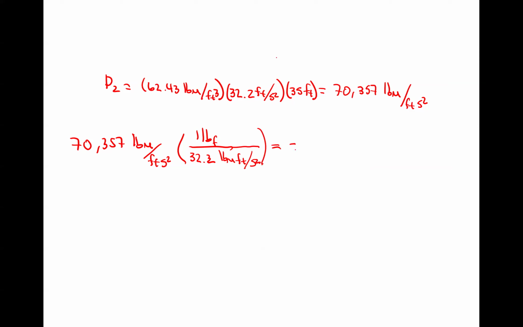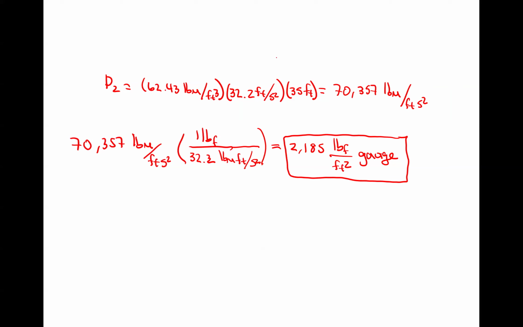And that now gives you 2185 pound force per feet squared. That's a PSF. And we typically write gauge next to it so that people understand that this is a gauge pressure. So if you want an absolute pressure, you need to add the atmospheric pressure to it.